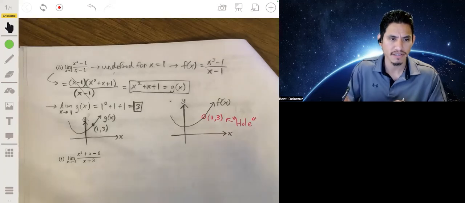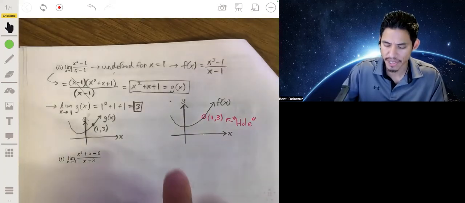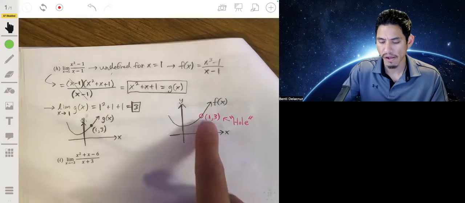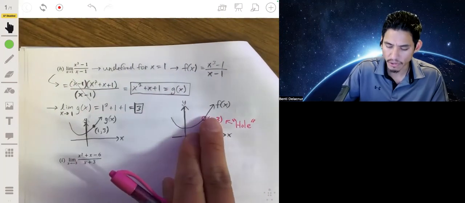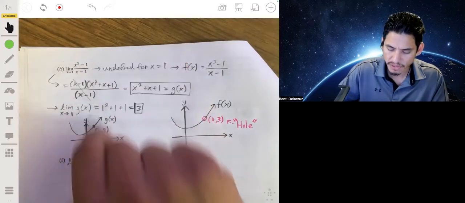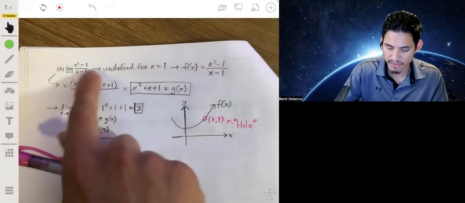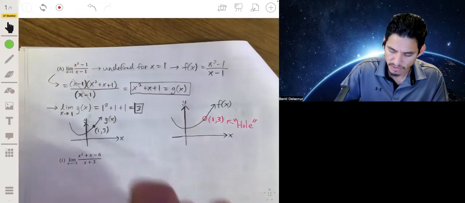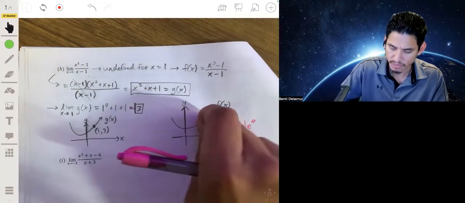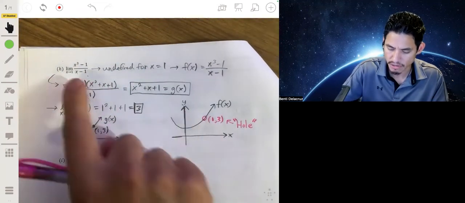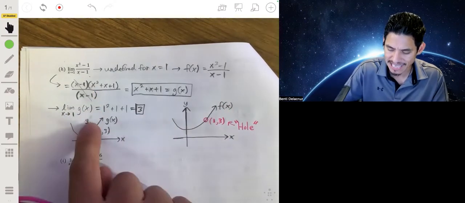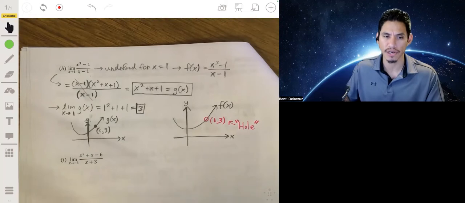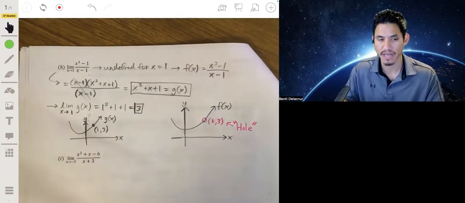The way I like to explain to my students is, how do you know when it's a hole? Well, think of it as just like you're removing something from it. So for f of x, we removed the point when x is 1 on this graph. So it's exactly the same, except it just has a hole there. That's why we can apply this technique.